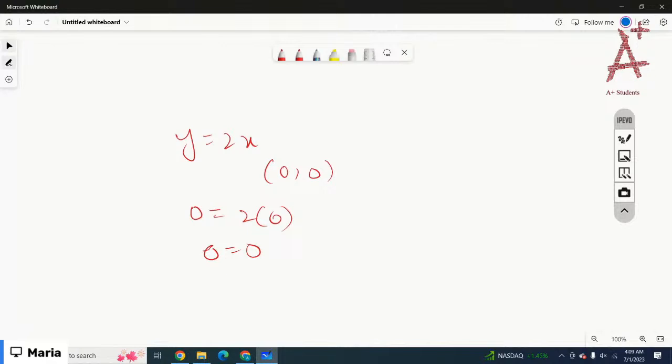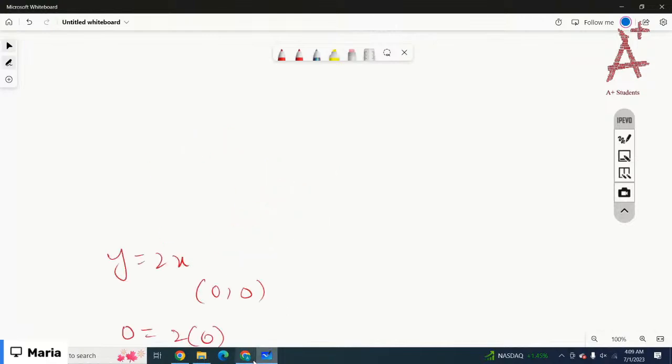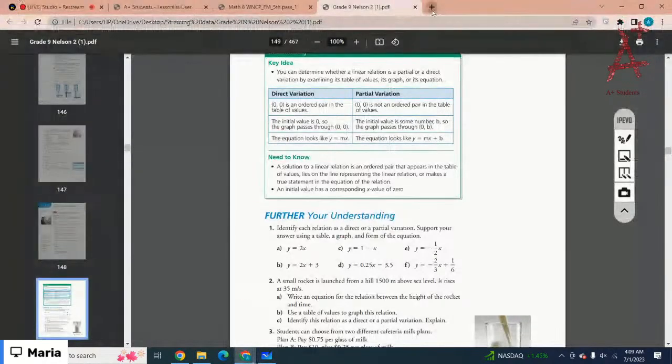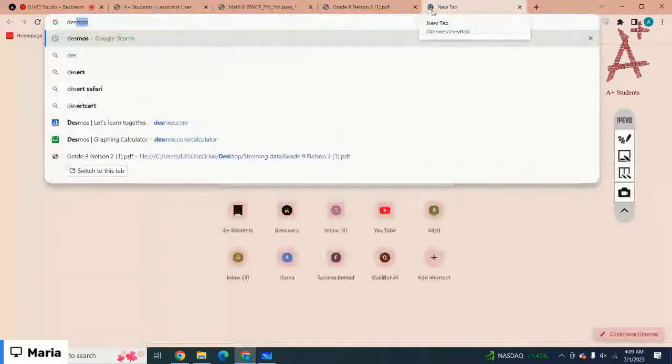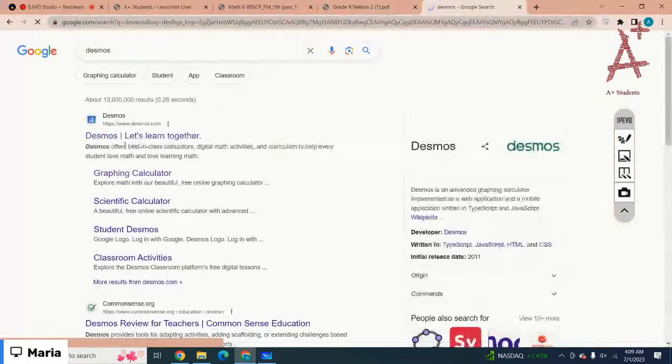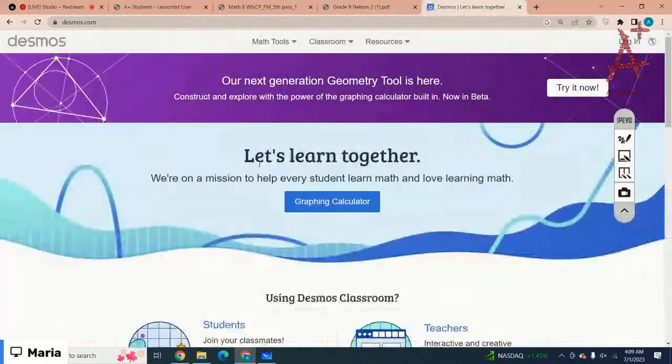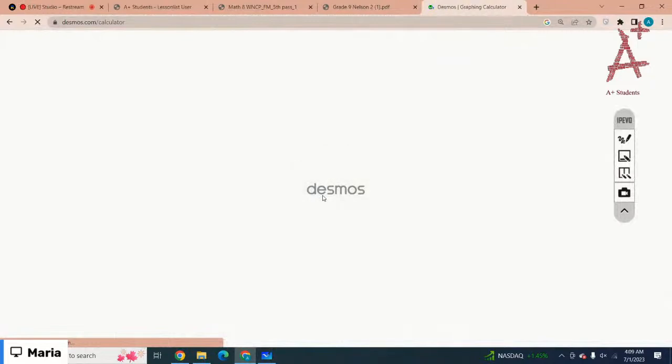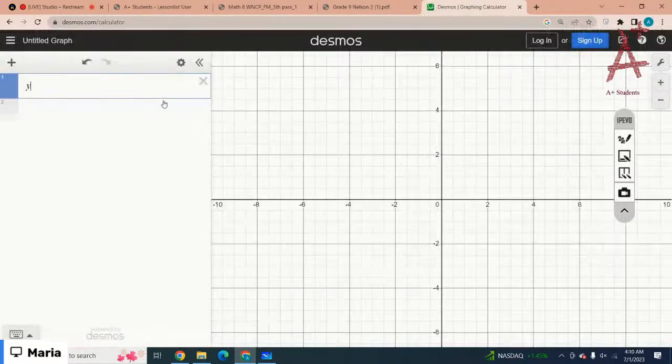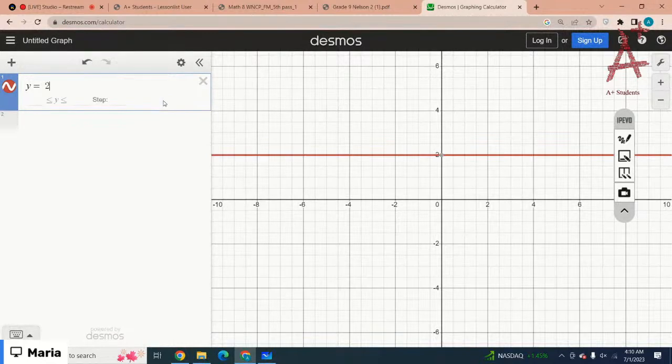Then you have to make a graph of the relation. Got it? Let's just plot it on the Desmos. Okay, here it is, y equals 2x.